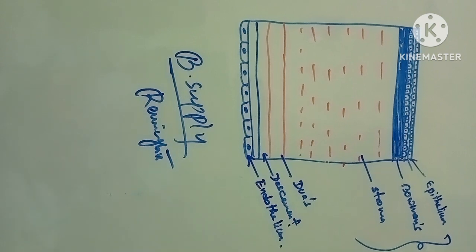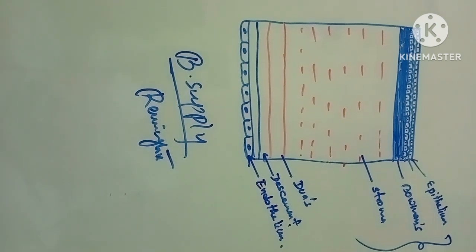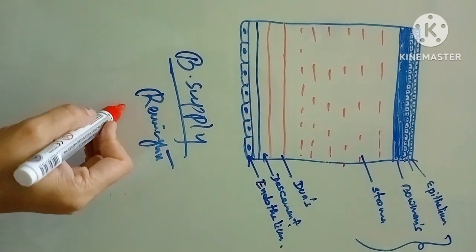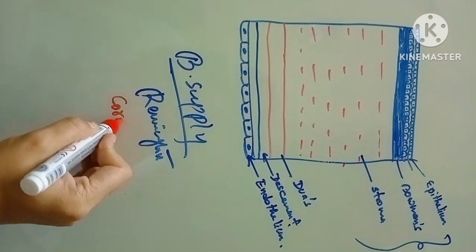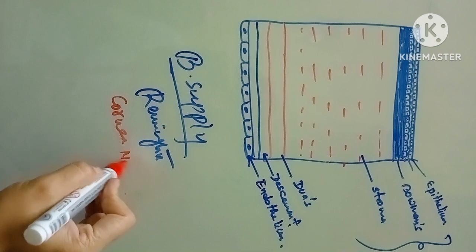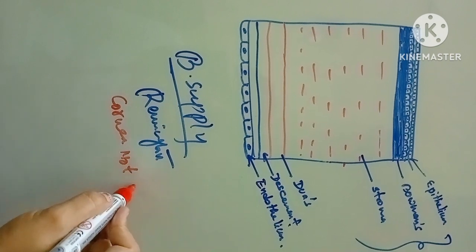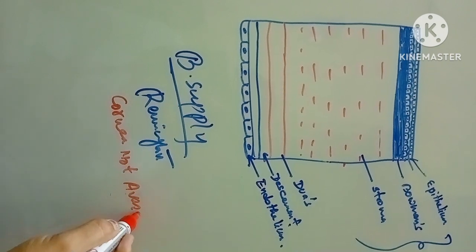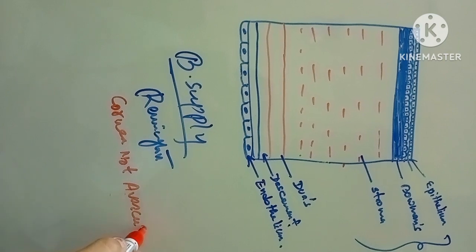Some authors say the cornea is totally avascular, but the cornea is not totally avascular. So why is the cornea not avascular?